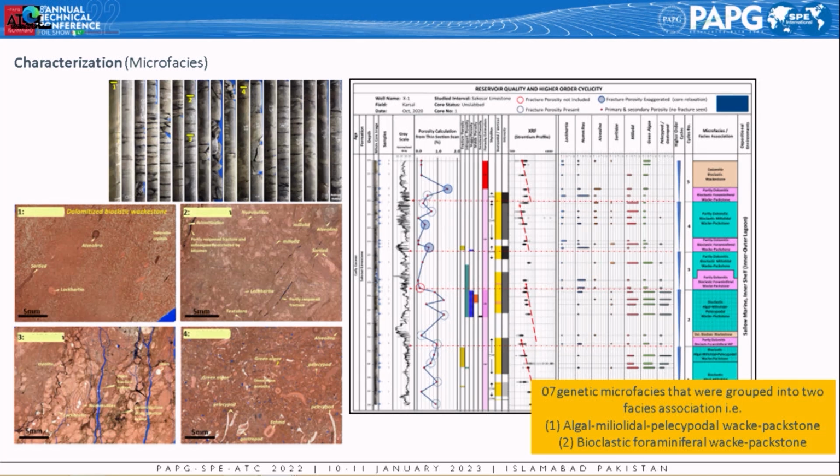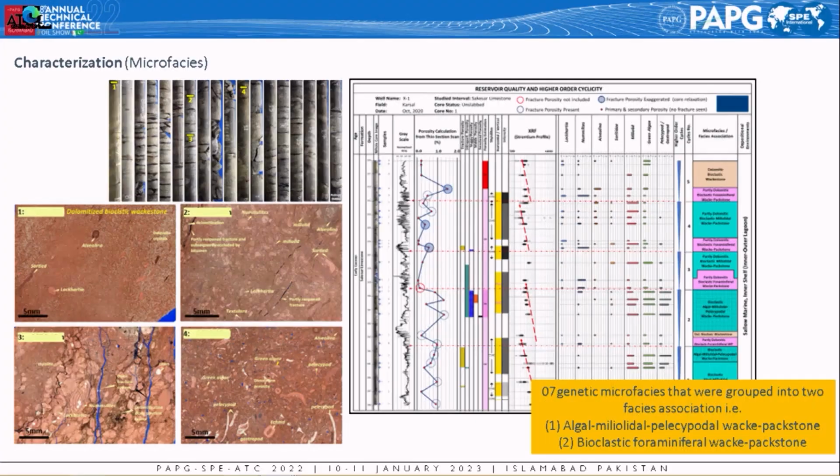So initially, 7 genetic classifications of facies were introduced based on the faunal representation from the core data, after the Dunham classification scheme. But these 7 genetic classifications were further lumped together into 2 main genetic classifications.